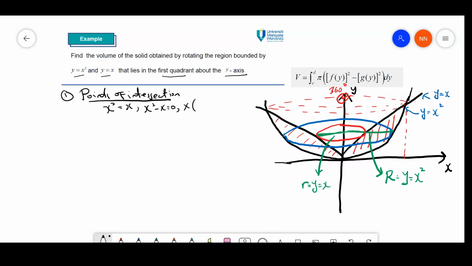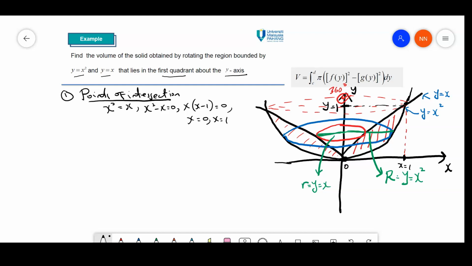Then I can factorize this. It gives me x equals 0 and x equals 1. So x equals 0 here, and then here is x equals 1. If x equals 1, I substitute into these two functions and I get y also equal to 1 at this point.